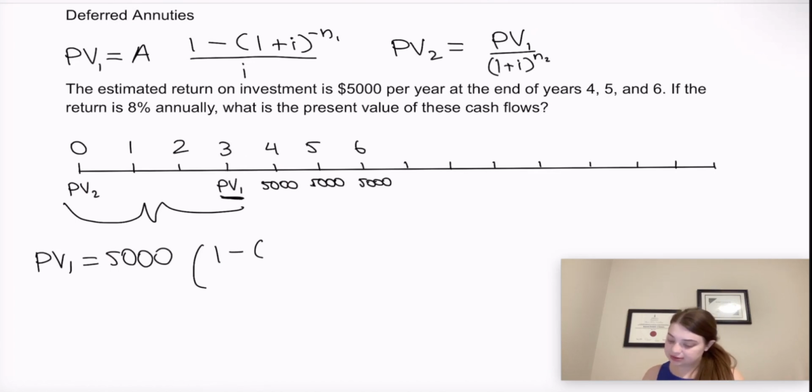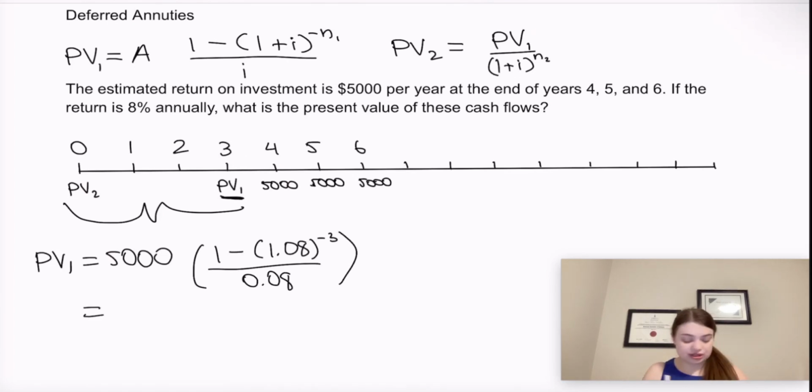The interest rate is 8% annually, so 1.08, and then to the power of negative n1. And n1 in this case is going to be 3 because we're expecting 3 years, year 4, year 5, and year 6. So that's 3 years of these returns, so to the power of negative 3. And that's all over i, like that.